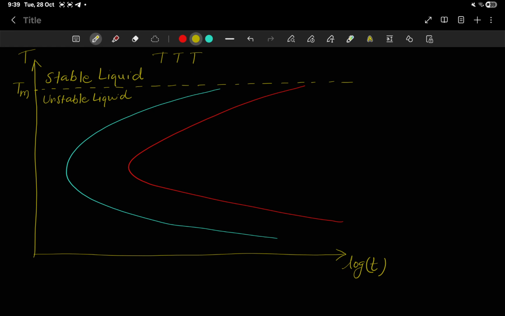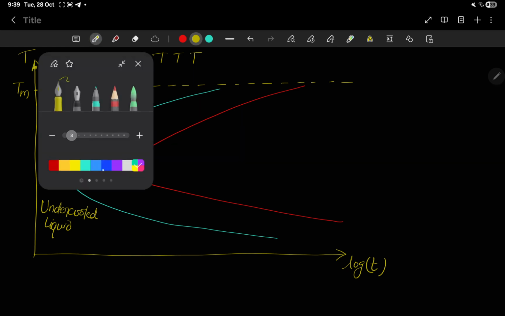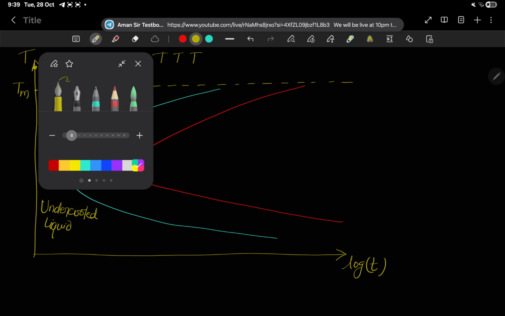And the region present here, where the temperature is very low but the liquid has not transformed into solid, we call this undercooled liquid.